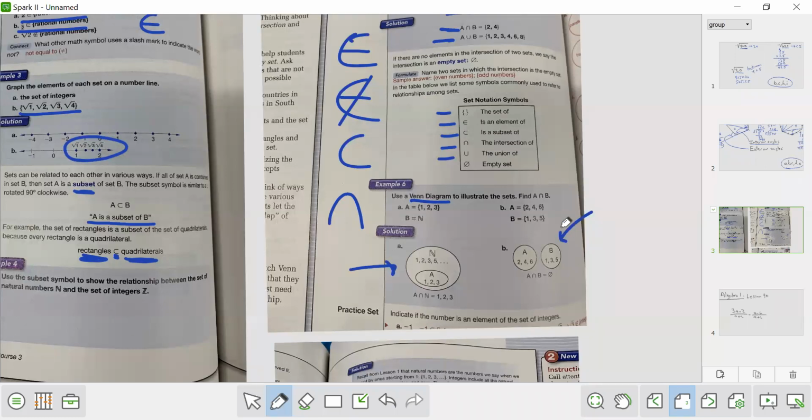There's nothing alike in those 2 sets. You can also have a Venn diagram where I have 2 circles that cross over. If I was going to talk about these 2 sets here, the numbers that would be in both of them would be the 2 and the 4.